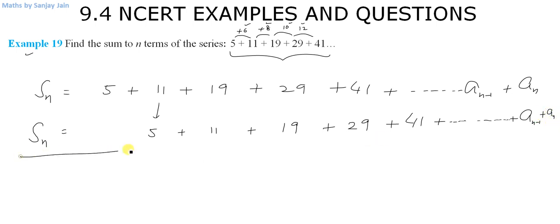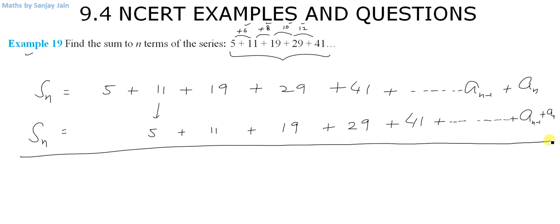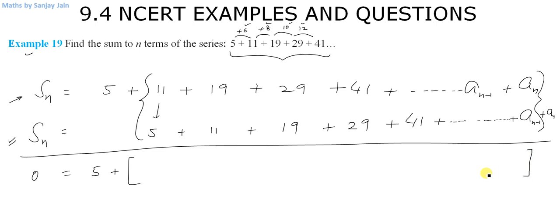Now I will subtract these. Now you will know why I have been doing that. I am subtracting this from this. So I'll have 0 here, 5 here, plus, now I will write these terms. Which terms? These differences inside this bracket, because these differences will form an AP.